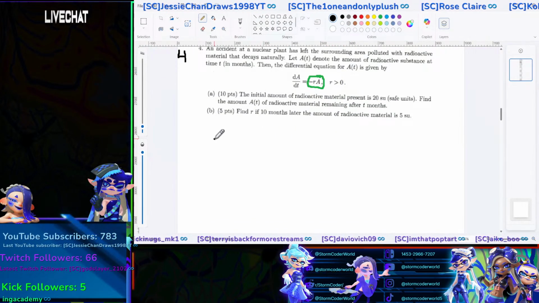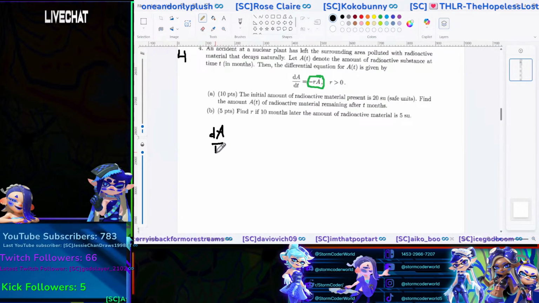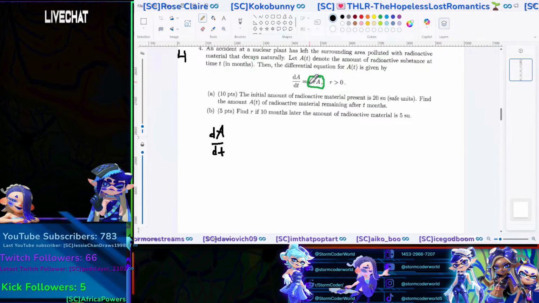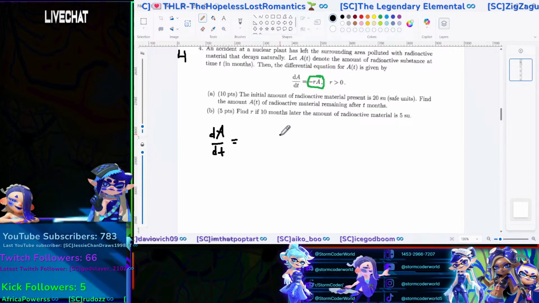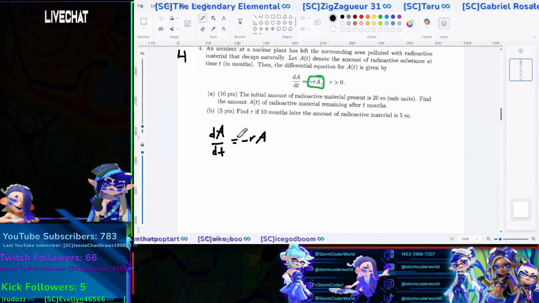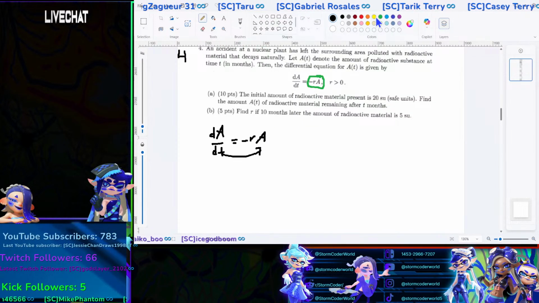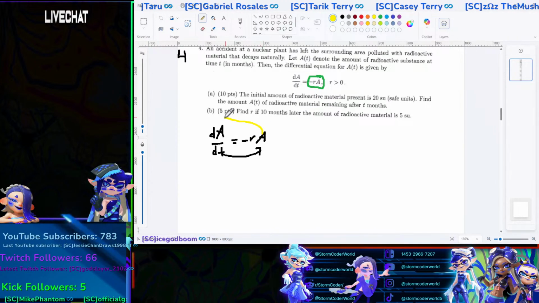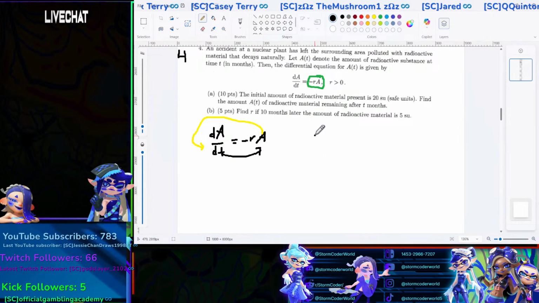So in this case, I have dA/dt, and then using this function here, -ra. What I ideally want to do is to move this dt here and to move my A into this denominator. So that's exactly what I'm going to do.